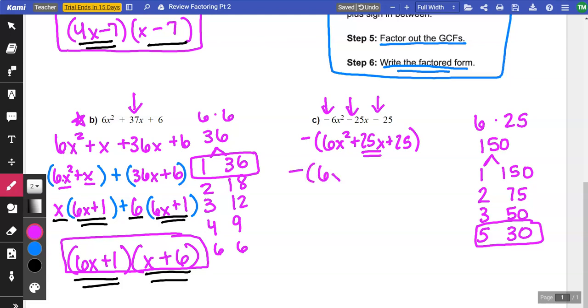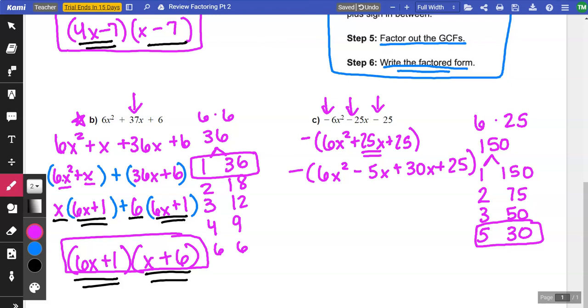Negative times 6x squared, 5x, 30x, and 25. Well, wait a second. I need a positive 25, and I need a positive 25x here. So I'm going to need a positive 30x and a negative 5x.